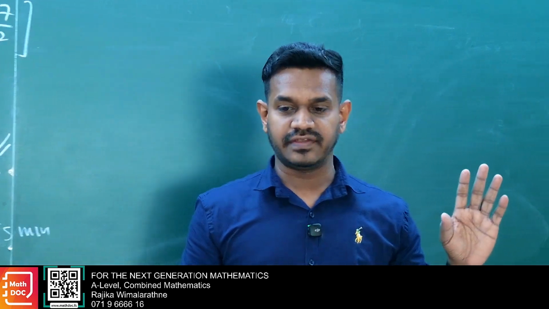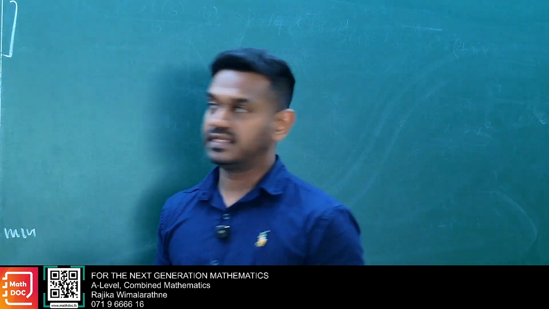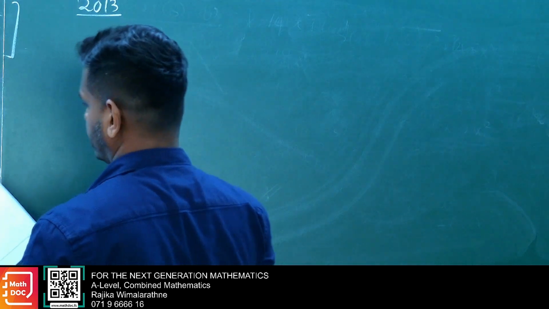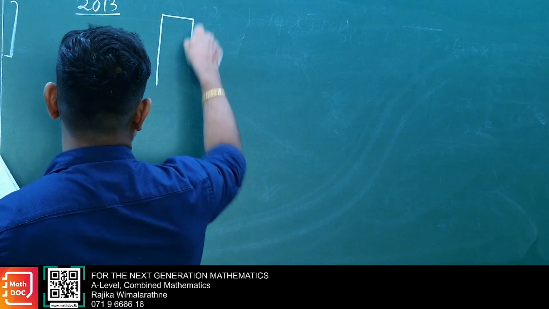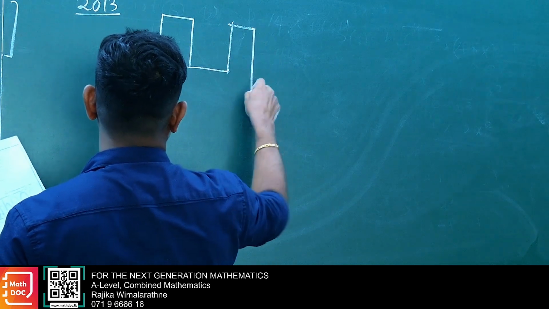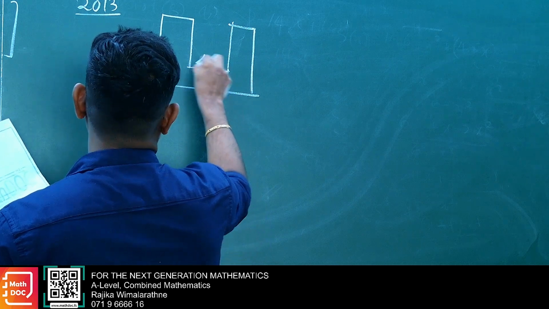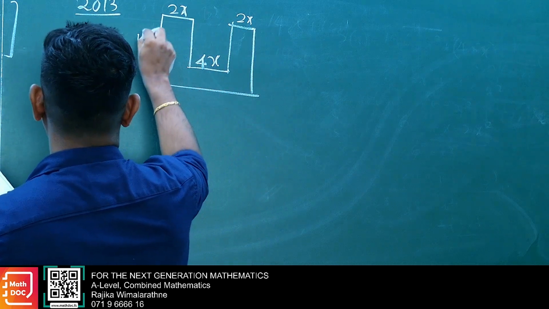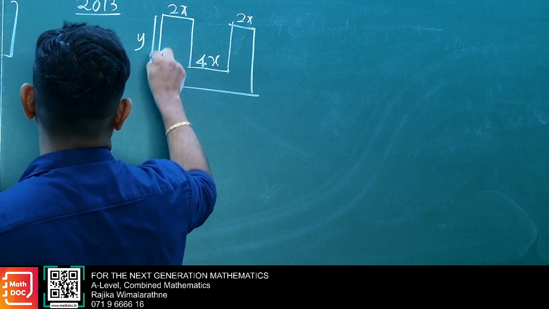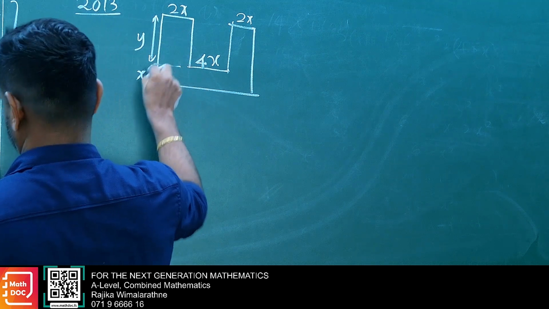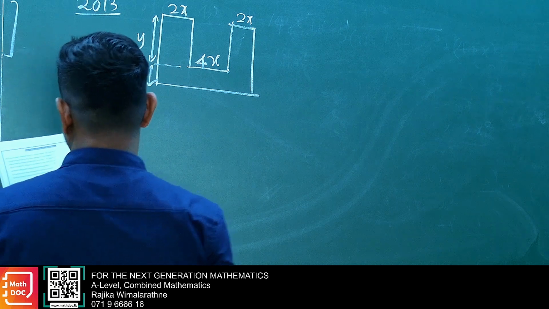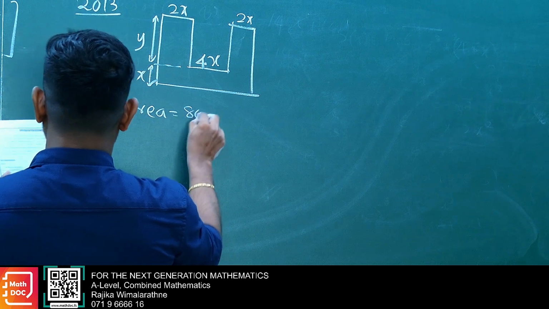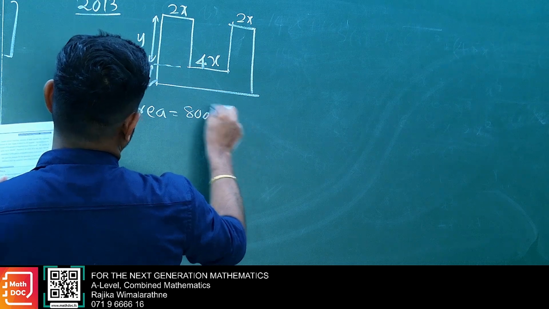Now the 2013 question. Here is the shape, with sides 4x, 2x, 2x, y, x. The area is 800 square meters.